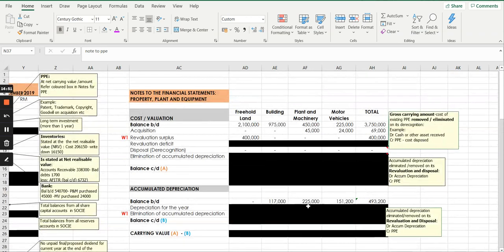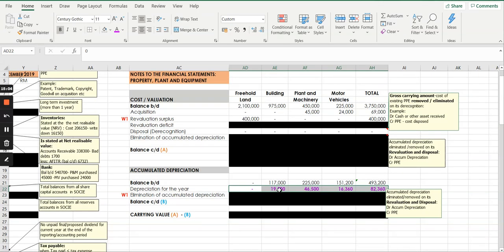Okay, here it is. You have the information on depreciation here, and these are all your information on depreciation which you calculated earlier. And this column here is the last column that I put as total. For your information, you don't have any elimination of accumulated depreciation in your question. Why? Because you have no disposal or revaluation of the PPE.